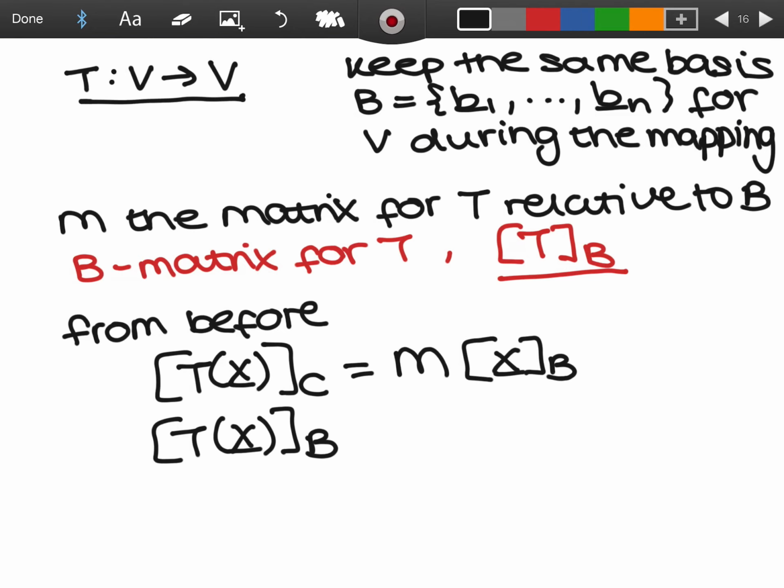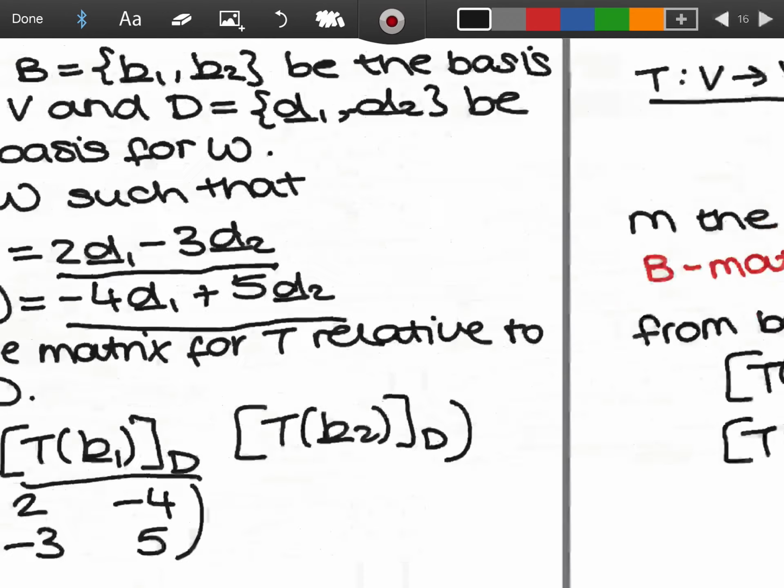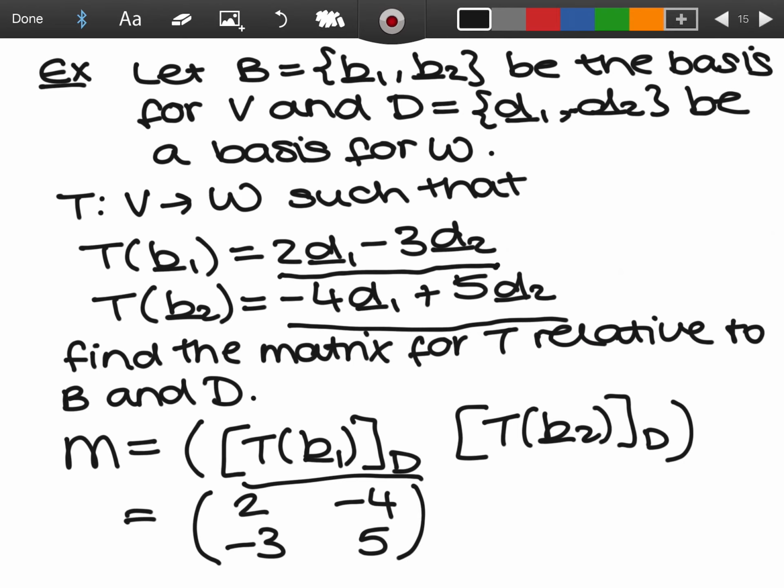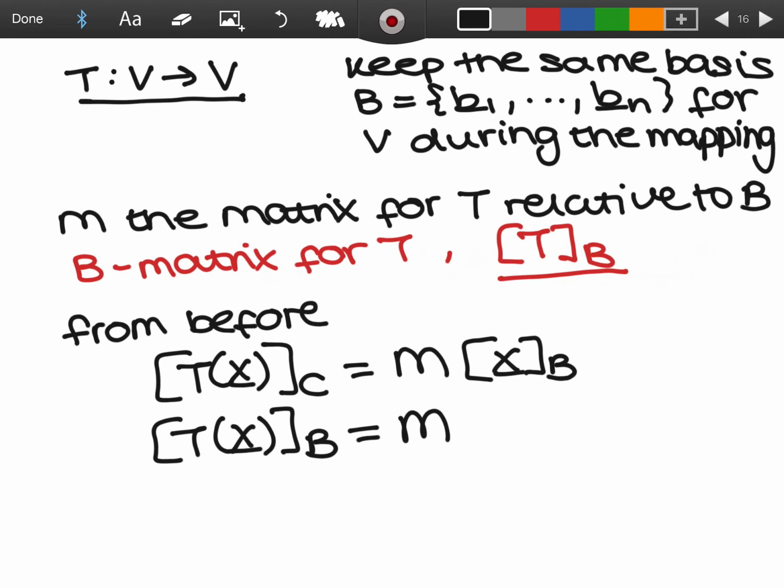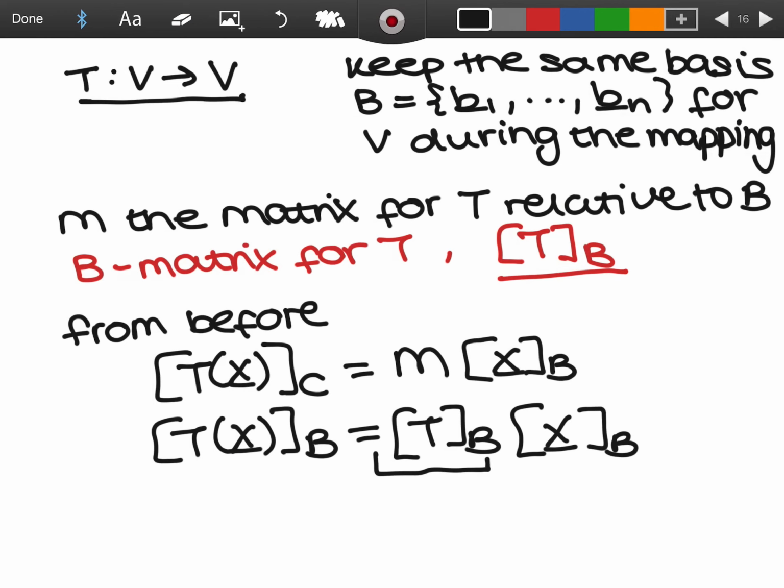So the B coordinates of the image is equal to my B matrix for T multiplied by the B coordinates of X. The question is, what does this matrix look like?